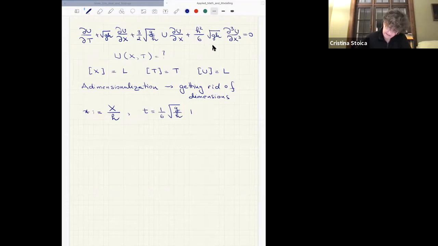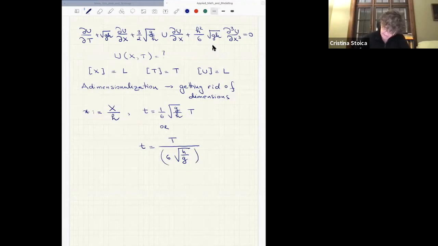So little t would be the time, capital T, which has dimensions, over this thing, over 6 root of h over g. So it's the inverse of that thing.